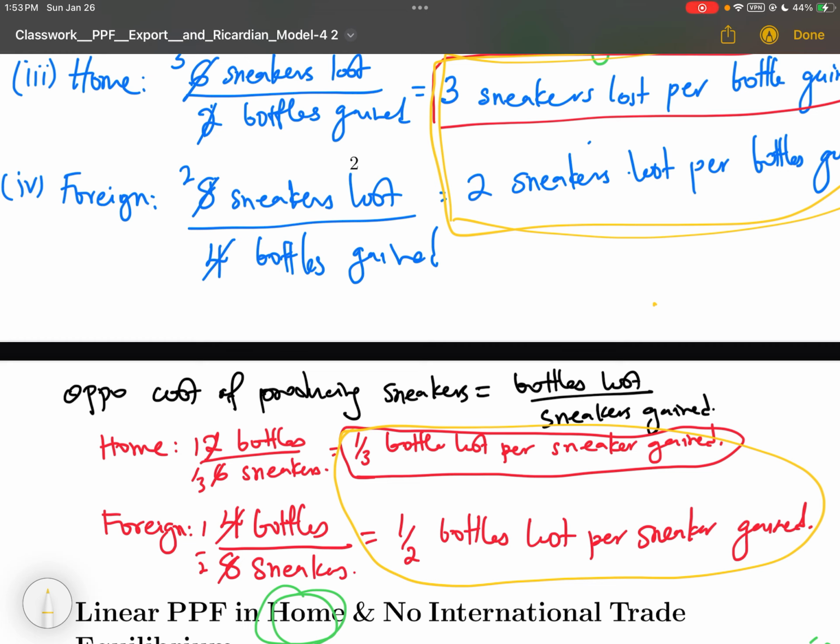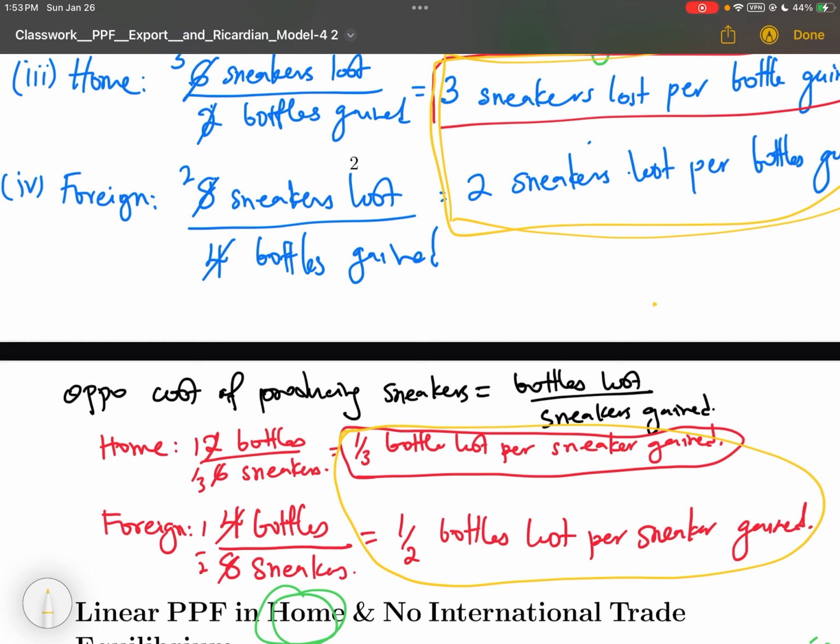So you first need to ask yourself, who is selling sneakers? Home is selling sneakers. Great. If home is selling sneakers, being the seller, they would want to break even, meaning sell it at 1/3 of a bottle or sell it for more and make a profit.